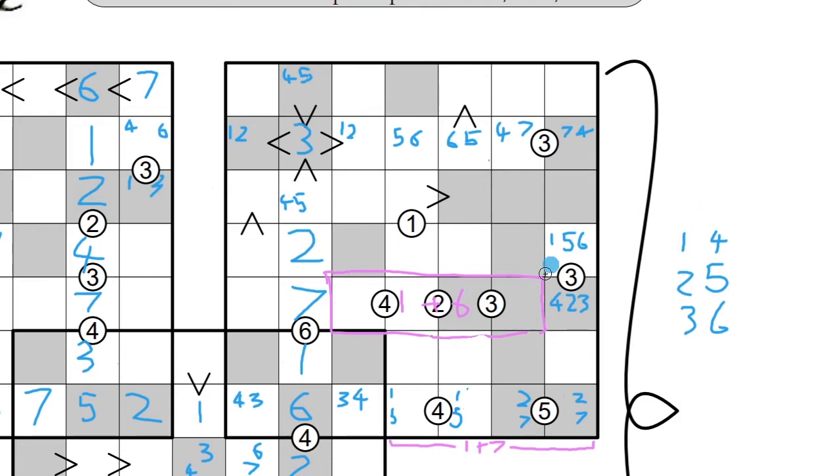It is interesting how I've got these pairs of pairs. Oh gosh, wrong thing. Pair of pairs, pair of pairs, pair of pairs. These don't share an X-wing though.